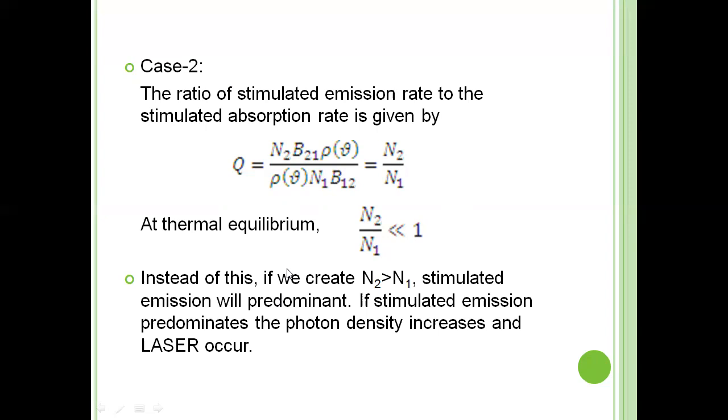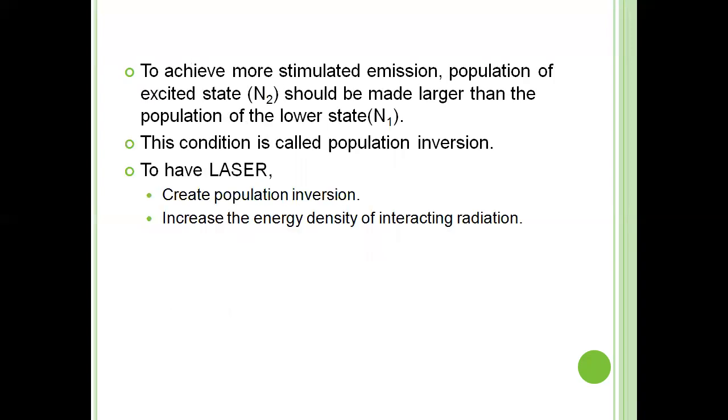To have laser output, the stimulated emission rate should be high. To have more stimulated emission, the number of atoms in the second energy level should be greater than the number of atoms in the first energy level. This condition is called population inversion. So to achieve more stimulated emissions, the population of the excited state should be greater than the population of the lower energy state.